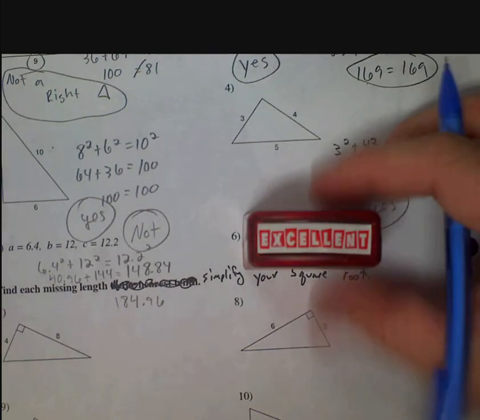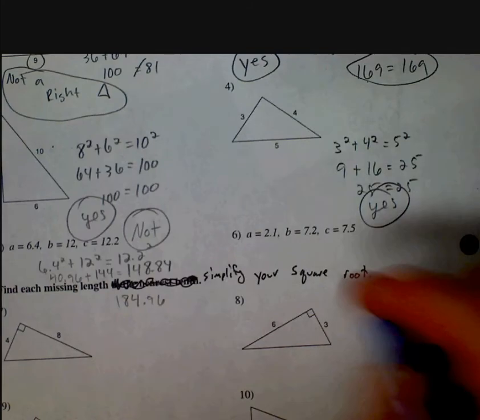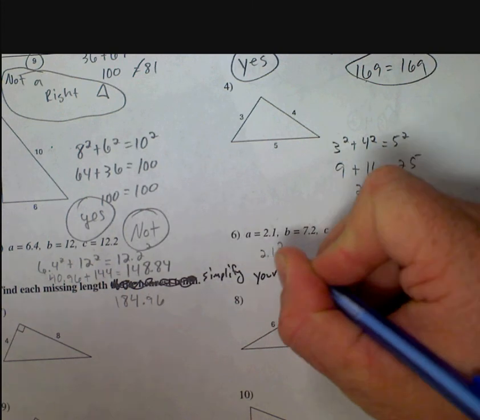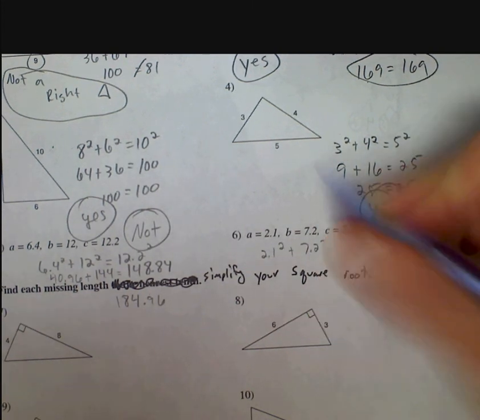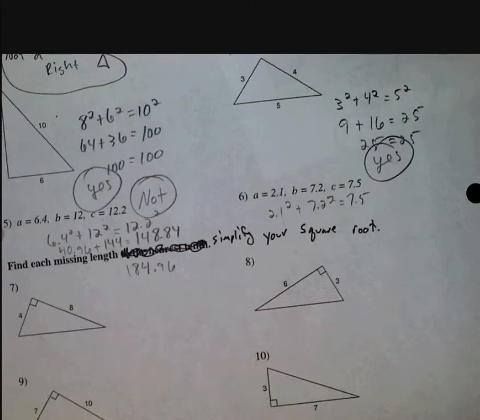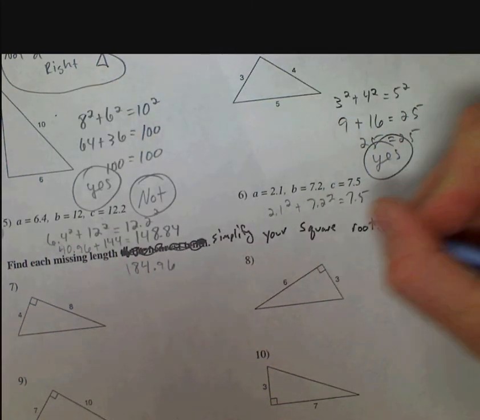Go ahead and pause the video for 6 and try. So this would be 2.1 squared plus 7.2 squared equals 7.5 squared. So 2.1 squared is 4.41.